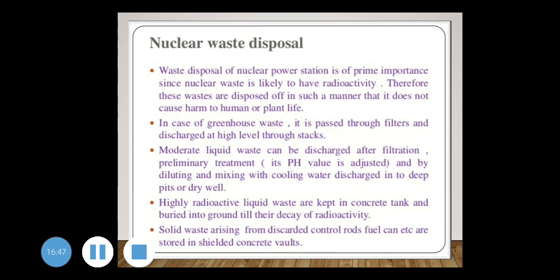This is one of the ways by which we can dispose of radioactive waste. The solid waste created from the nuclear power plant can be stored in a concrete tank. That is one way to dispose of nuclear waste.